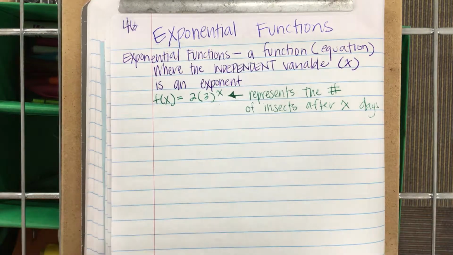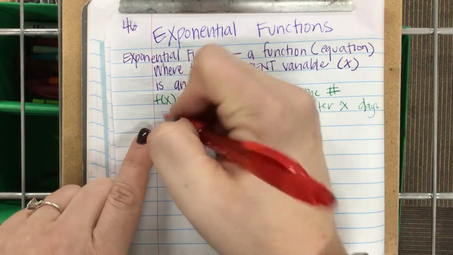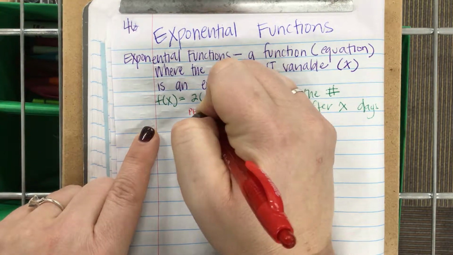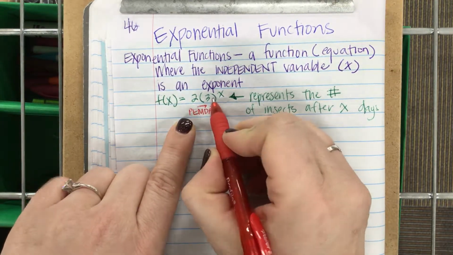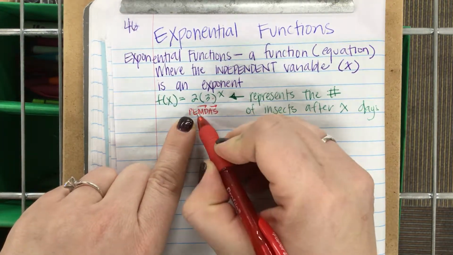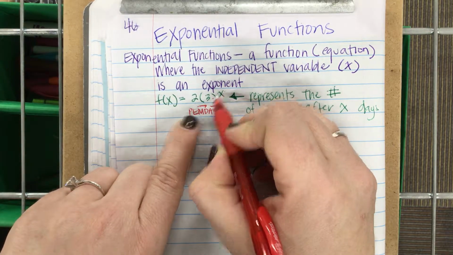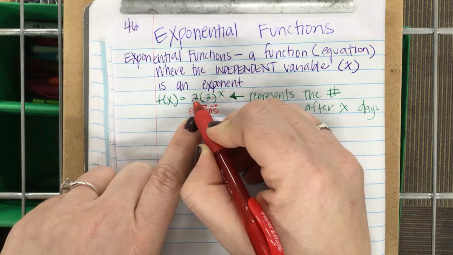Remember that when you're doing these types of problems, you need to use order of operations. So you need to do your parentheses first, but inside our parentheses there's nothing to do. Then we move to our exponent, so we're going to do 3 to the x power, and then we're going to multiply by 2.